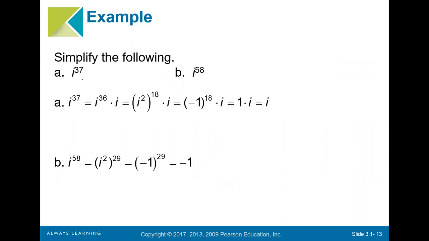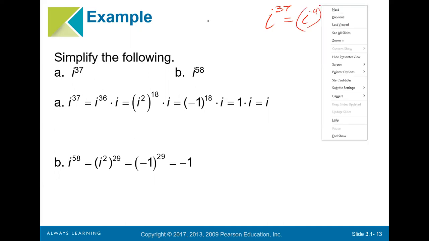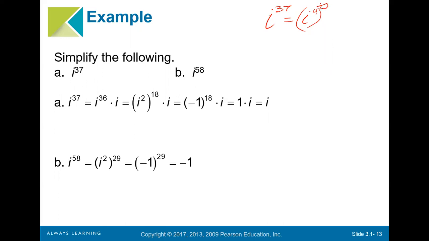So let's try to figure this out. I know this here already gave you the work and the answer, but let's just look at it. 37. I got i raised to 37, and I'm going to write it as a factor of 4. So I know that i to the 4th, and whatever power I raise it to, needs to get me close to 37. I know that 37 is not a factor of 4, but I do know that 4 times 9, right? So I'm going to rewrite that.